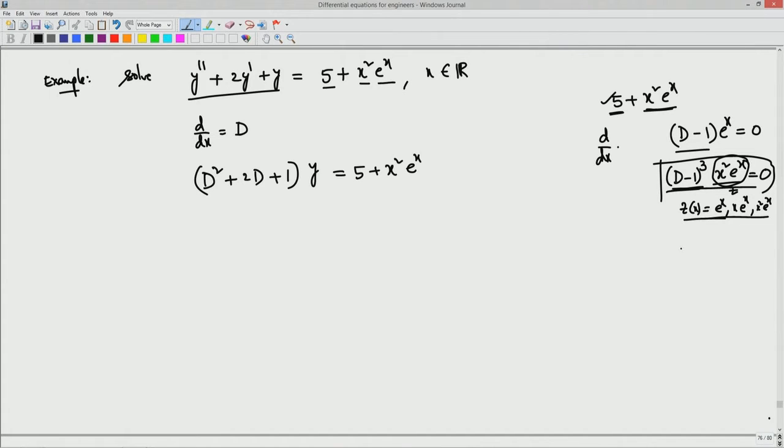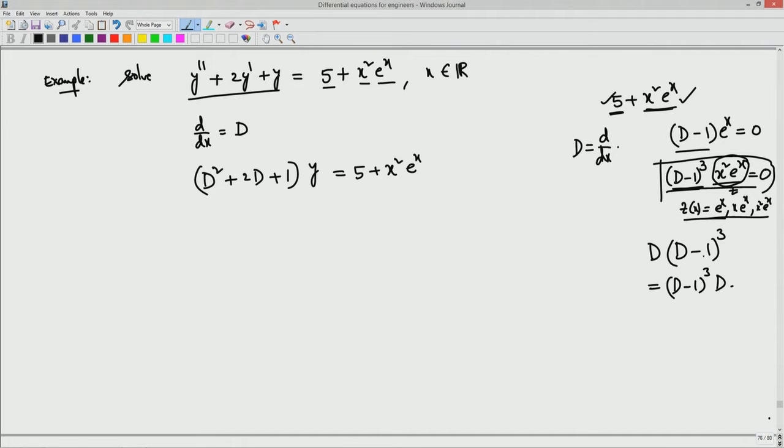Because (D minus 1) cube and D, one derivative, together will annihilate these two things together. This is the same as (D minus 1) cube into D. This is commutative, so you can apply it in either order.